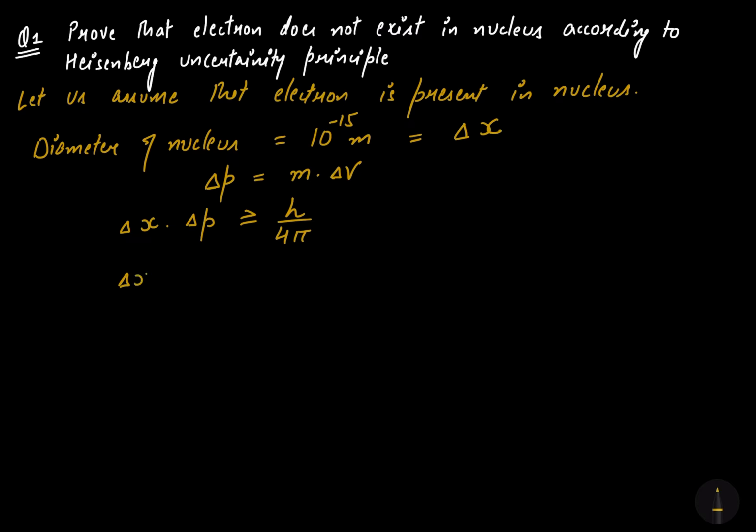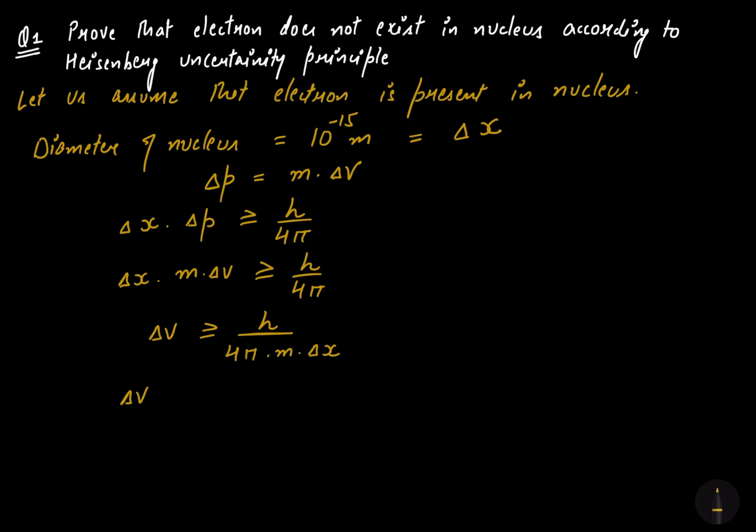Now delta x into m delta v will be greater or equal to h upon 4 pi. Now let's evaluate the uncertainty in the velocity. So delta v will be greater or equal to h upon 4 pi into m into delta x. So now let's substitute all the values over here.